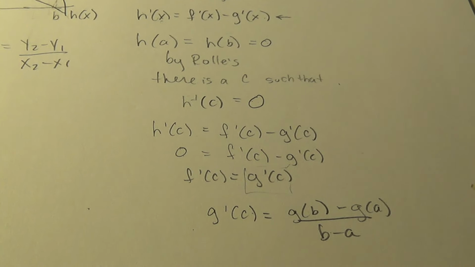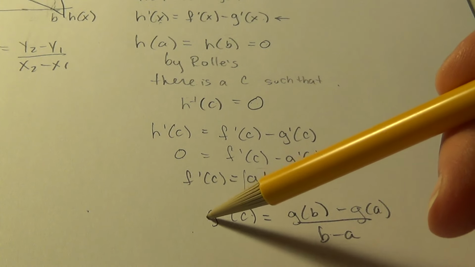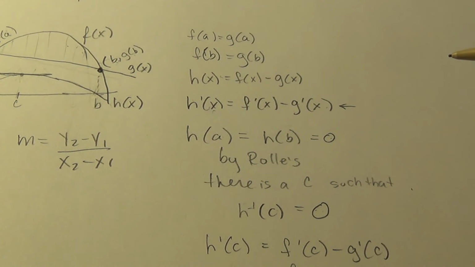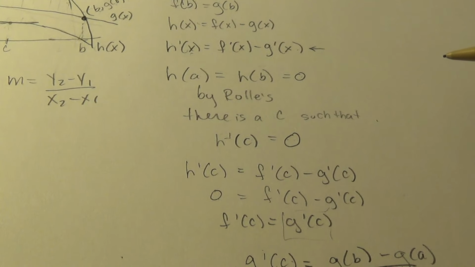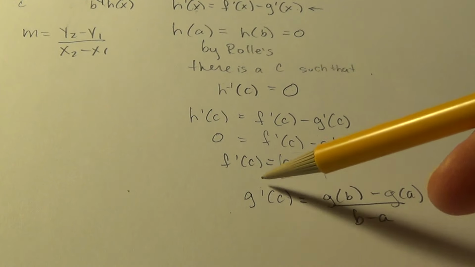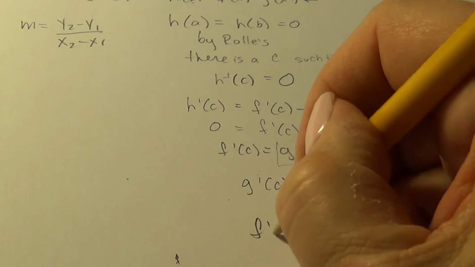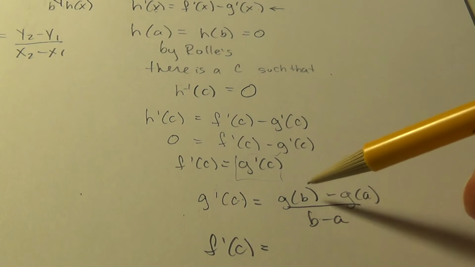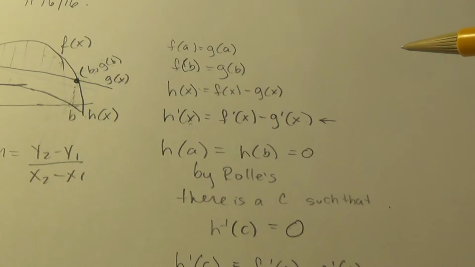So now I'm going to substitute and get what I want. I'm going to substitute f prime of C. Is there anything I can substitute for g prime at C? Well, it's f prime of C. Gave it away. And so I have f prime of C. Is there anything I can substitute for g of B?